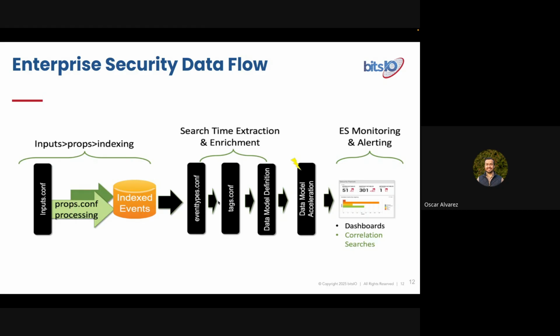Then those event types get tagged. And again, the tags could be security, network, anything like that. And then the data models, so again, authentication, intrusion detection, all of those different data models are going to look for the tags relevant for them.